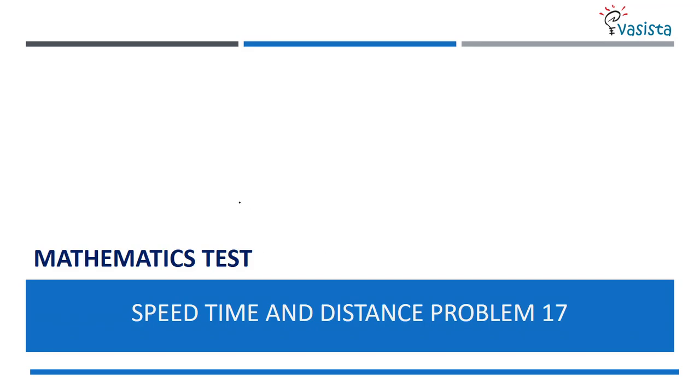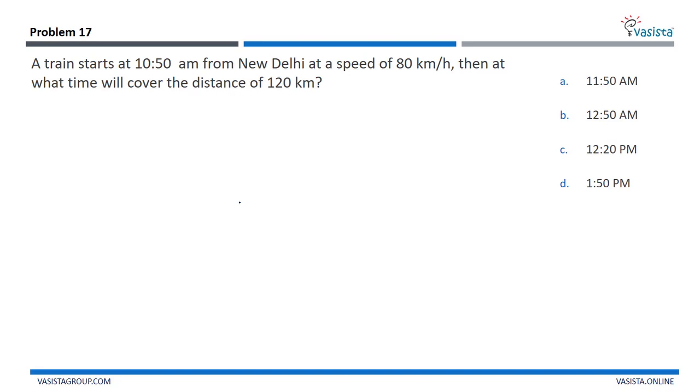Fine, let us start solving problem number 17. The train starts at 10:50 a.m. from New Delhi, leaving at a speed of 80 km per hour.